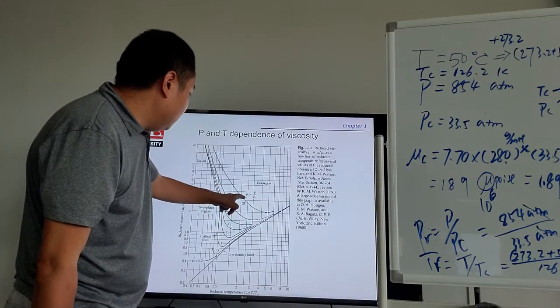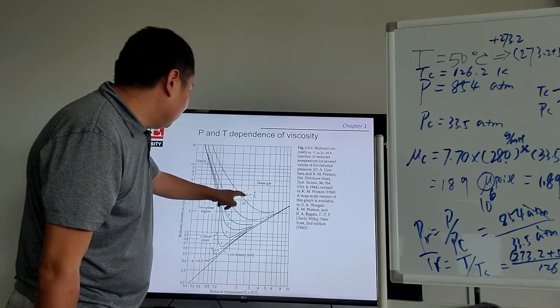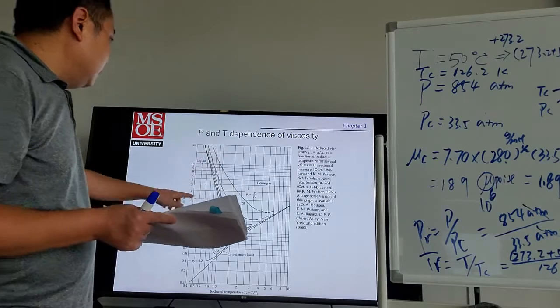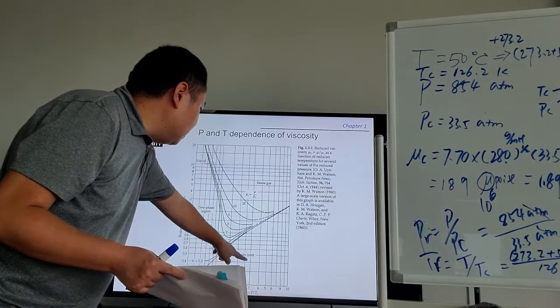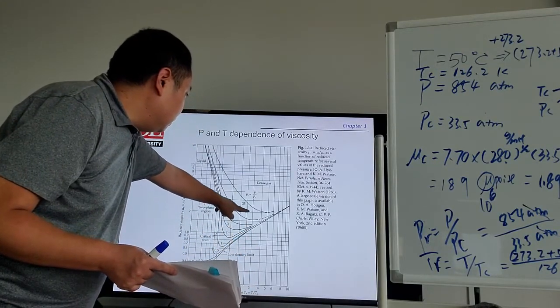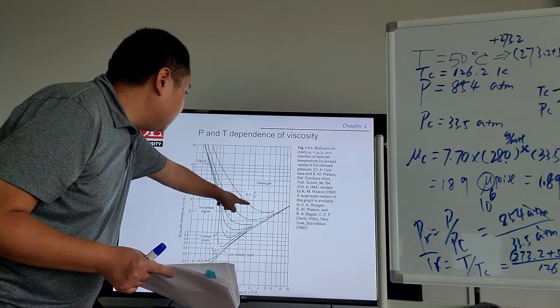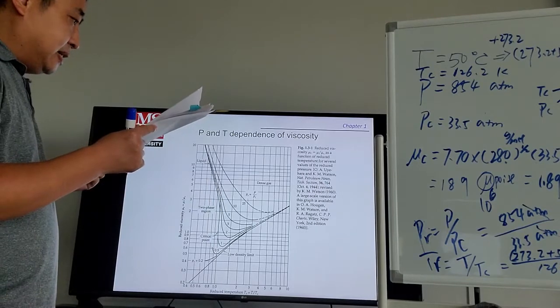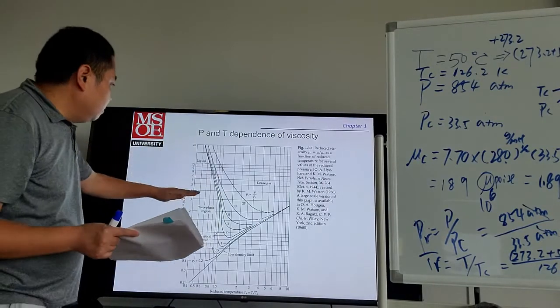We know it's about here. Then you extend it to cross here, then extend it to get mu R.